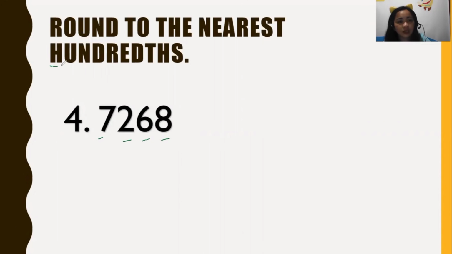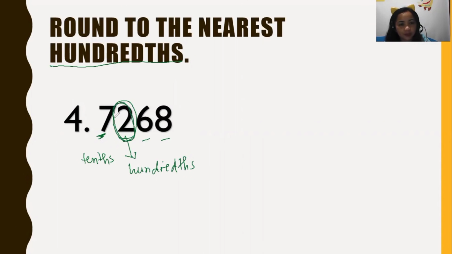So, ira-round natin sa hundredths. Ang 7, tenths. Alin ang hundredths? Ito ang hundredths. So, 2. 2 ang ira-round natin. And then, let's look for the digit to the right, which is 6.